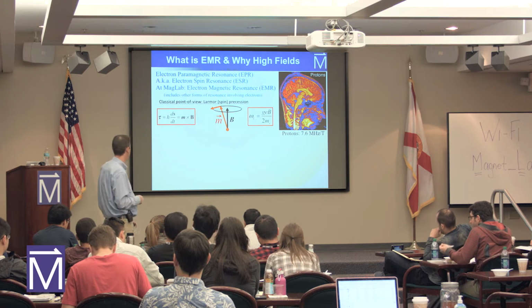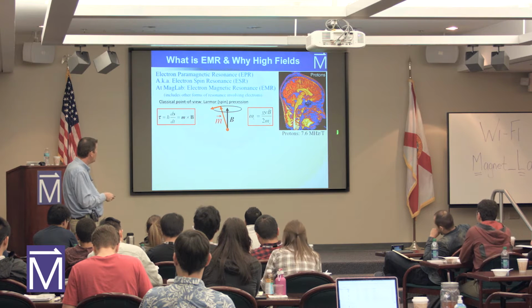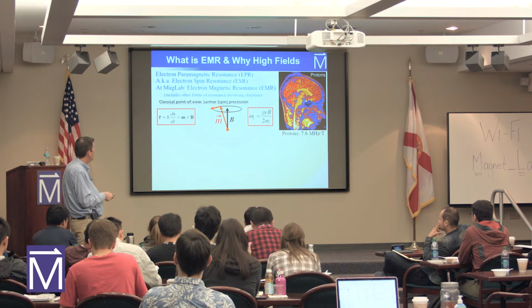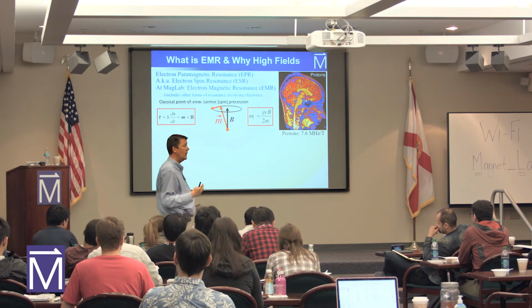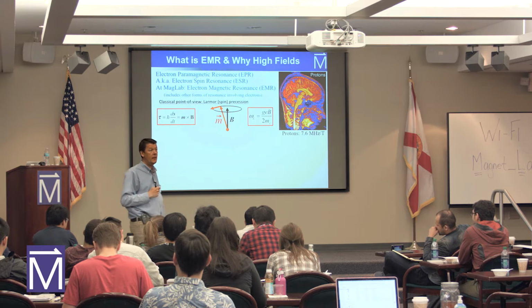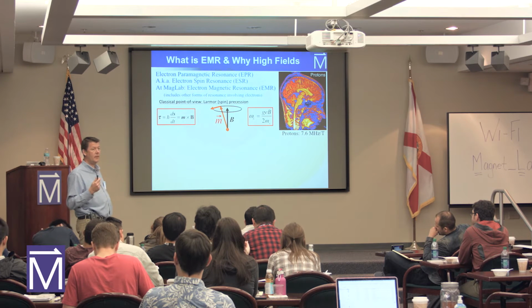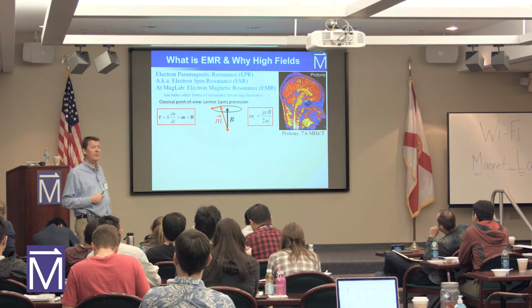In this case, if it's an electron, you'll see in a moment. But if it was a proton, this Larmor frequency is about 7.6 megahertz per Tesla. So if you put a 1 Tesla field on a proton, it will precess at about 7.6 megahertz. And this is the basis for nuclear magnetic resonance and magnetic resonance imaging, which you will recognize as an extremely powerful technique.